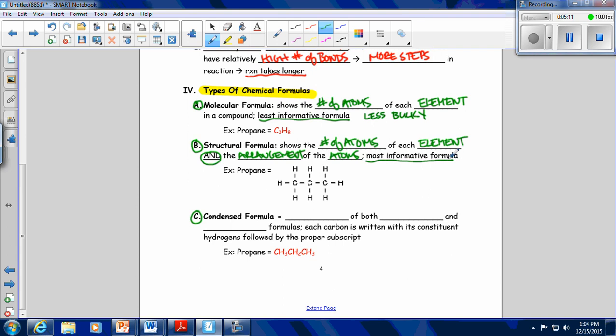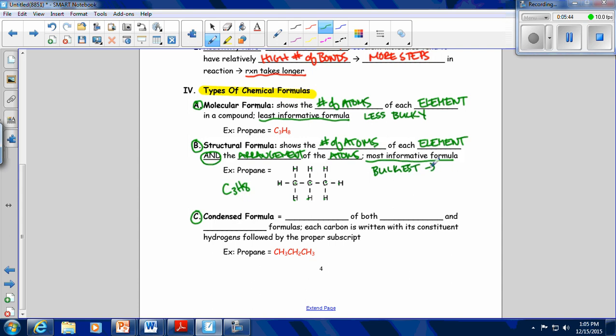Here's that same organic compound, propane. You can see that we've got our 1, 2, 3 carbon atoms. Here are the 1, 2, 3, 4, 5, 6, 7, 8 hydrogen atoms, which gives us the formula C3H8. This is the bulkiest, so that's certainly a negative aspect.